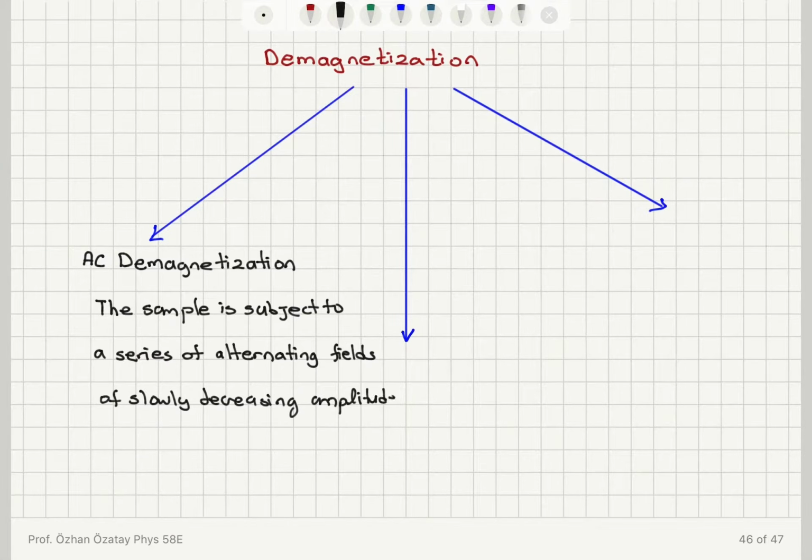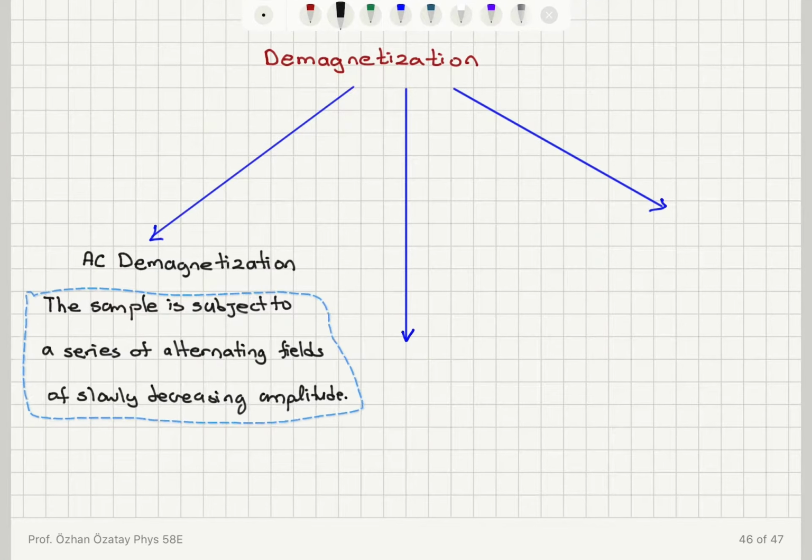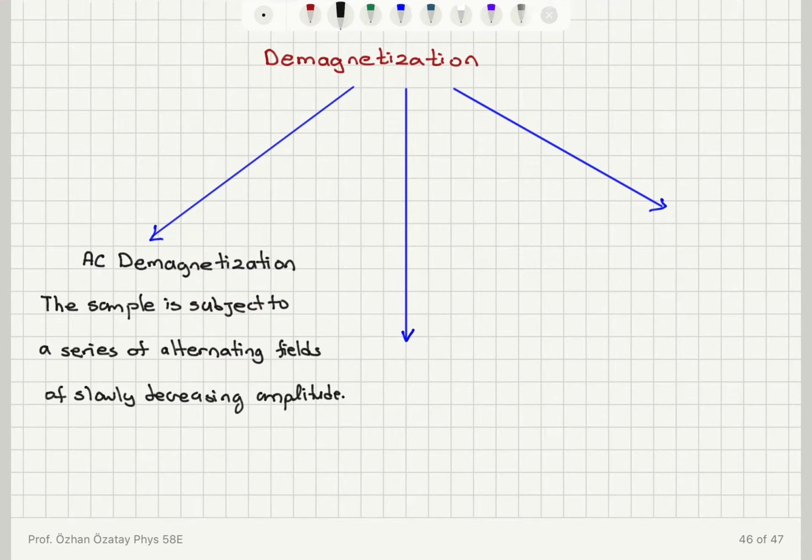So in each cycle we have a decrease in the remnant magnetization that we observe, and as a result we find that eventually we will be going back to the zero magnetization state as the remnant magnetization will converge to zero magnetization.